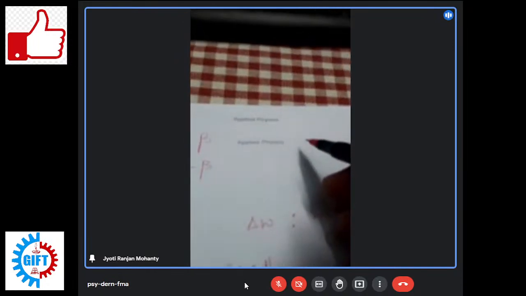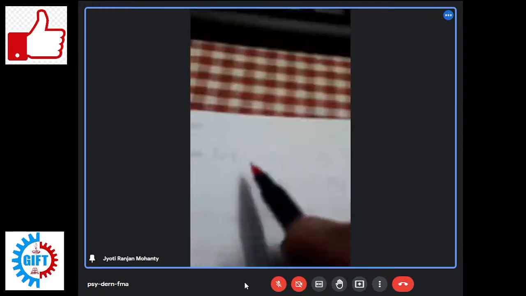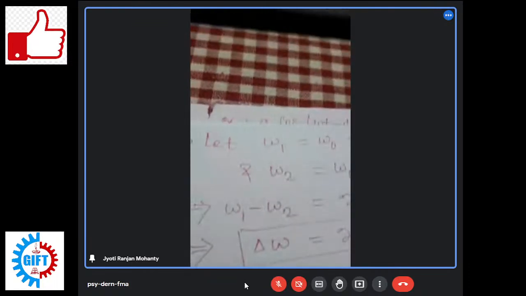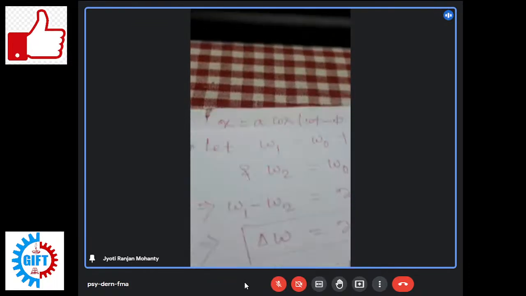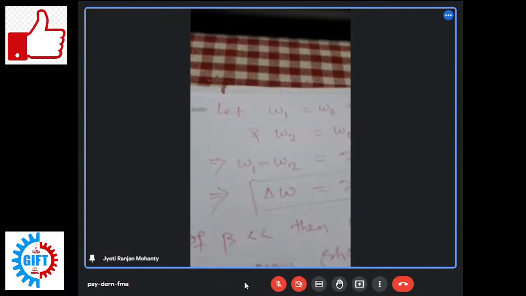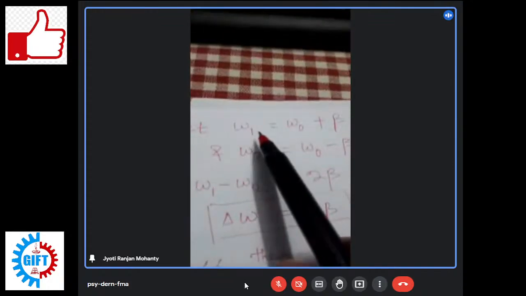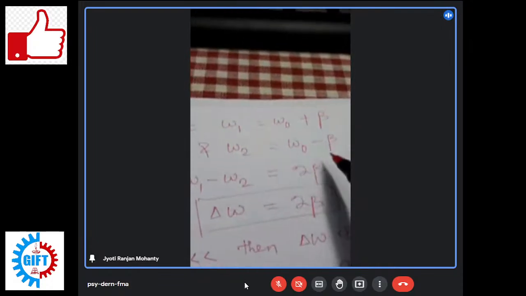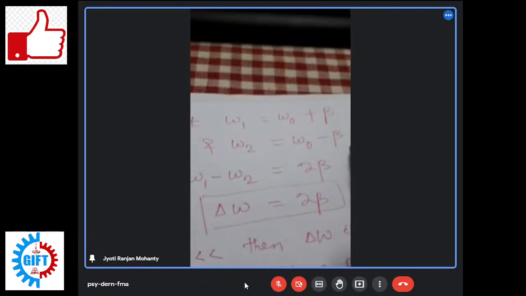So since we have omega is equal to omega naught, let omega 1 is equal to omega 0 plus beta, omega 2 is equal to omega 0 minus beta.